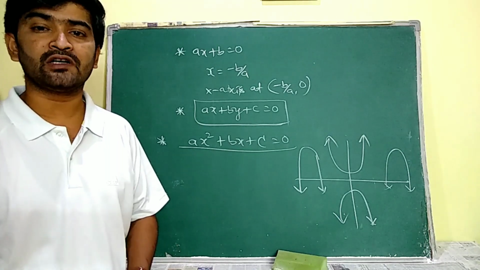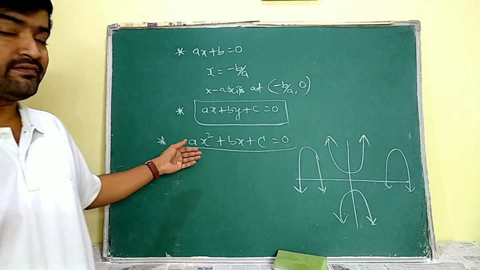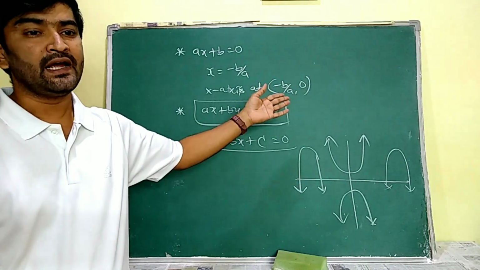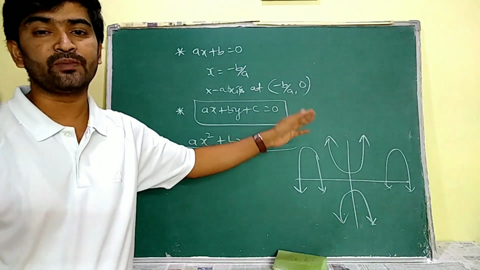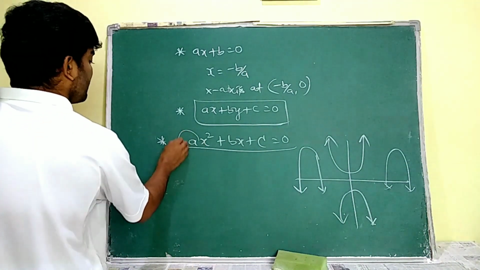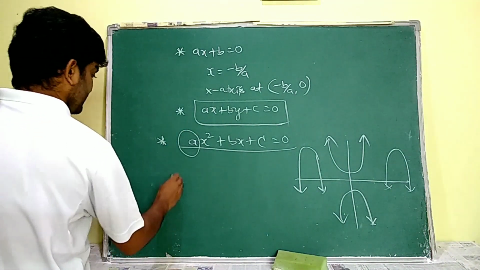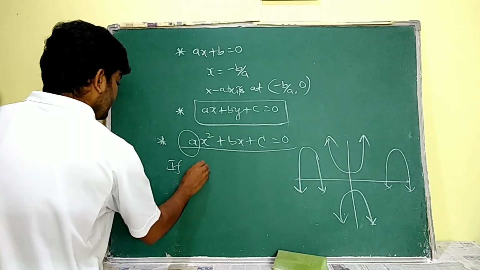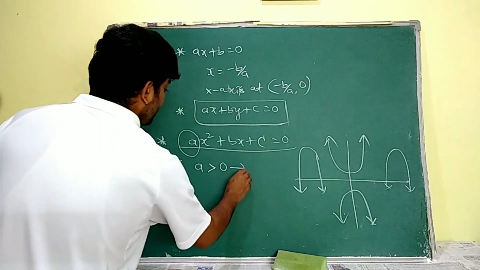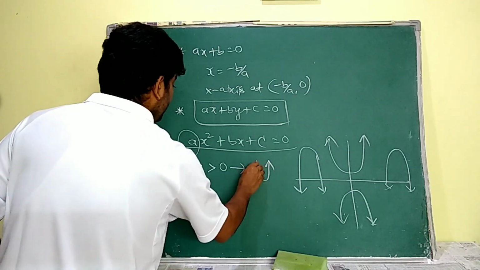Here you may have one doubt. In which cases is the parabola upwards and in which cases is it downwards? That depends only on the coefficient of x square. If the coefficient of x square, a, is greater than 0, then the parabola is always upwards.